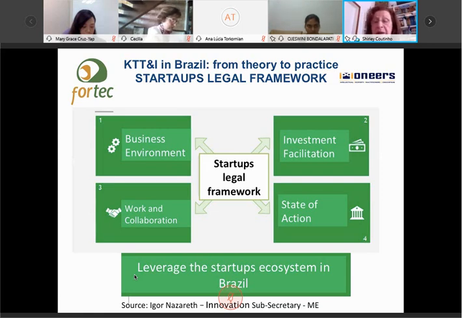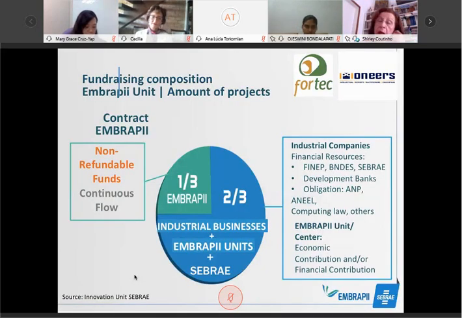There is a huge state action to leverage the startup ecosystem in Brazil. The economy minister and the science, technology and innovation minister are both engaged in this, and many enterprises and entrepreneurs.